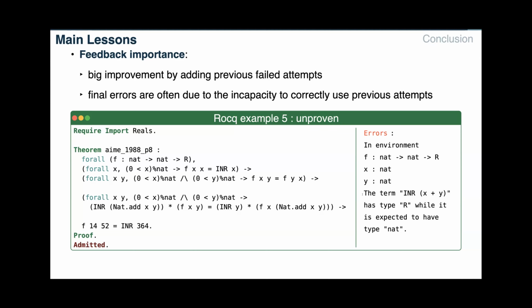For example, here we see that the error message is talking about ENR of x plus y, but in the statement, we cannot find it anywhere. It's because the nat.add is replaced by a notation in the error message, and so it can alter the performance of the model.